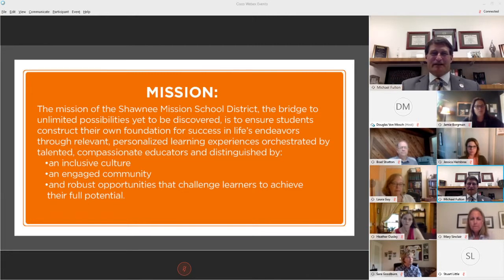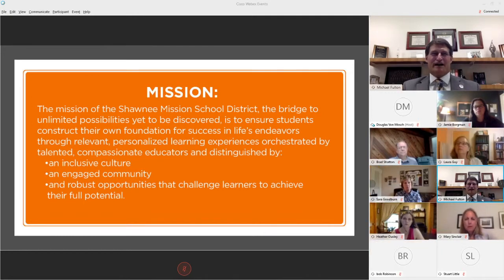And in doing so, we made a long-term commitment to ensure that our children viewed their world and their learning in Shawnee Mission as a bridge to unlimited possibilities yet to be discovered. That's not just the slogan in the mission statement, that gets to the heart of what we're about. So it's a very exciting time, a little more than a year ago.